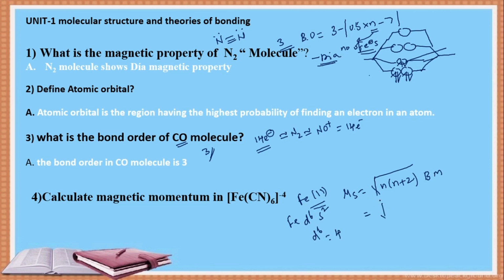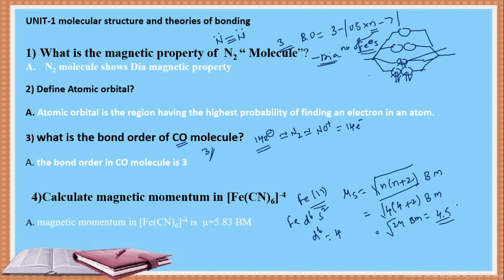So we use the number of unpaired electrons in the formula: n into (n plus 2). With 4 unpaired electrons, that is 4 into (4 plus 2), which is 4 into 6, so root 24 Bohr magneton. Root 24 is approximately 4.9.